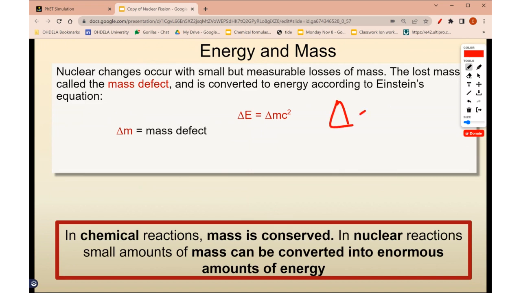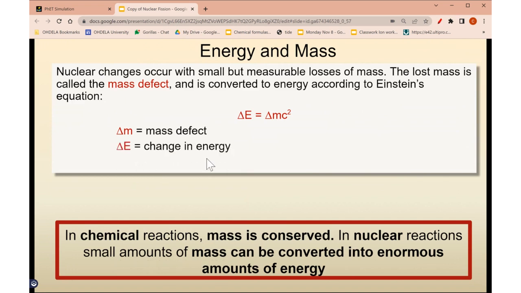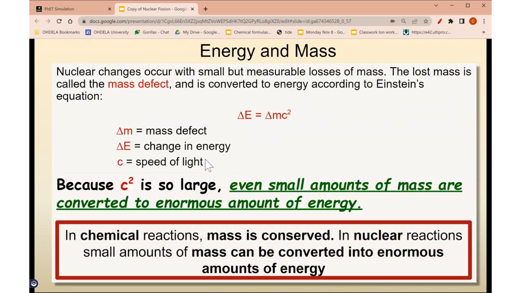Change in energy equals change in mass times the speed of light squared. Because the speed of light is so large, the energy from the converted mass is enormous.